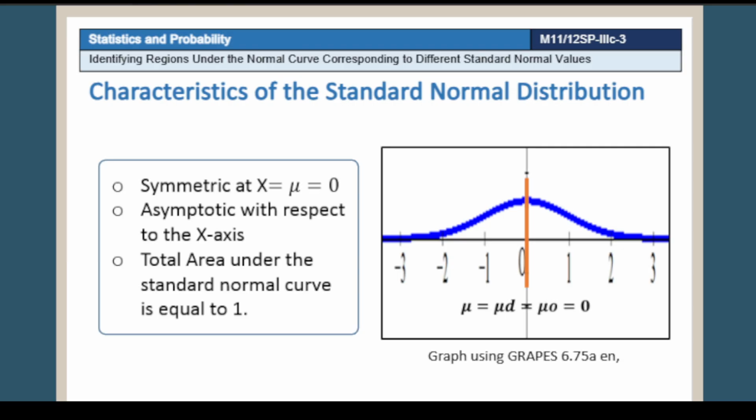When we say asymptotic, the curve gets closer to the x-axis, but it will never intersect or meet the x-axis. And lastly, the total area of the standard normal curve is equal to 1. 50% is covered by the right side, and another 50% by the left side of our mean. So 50-50.